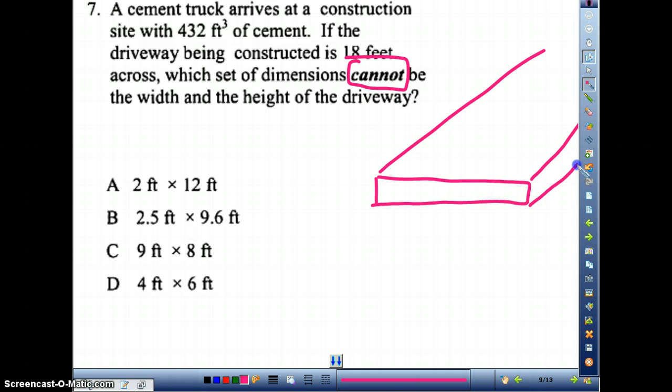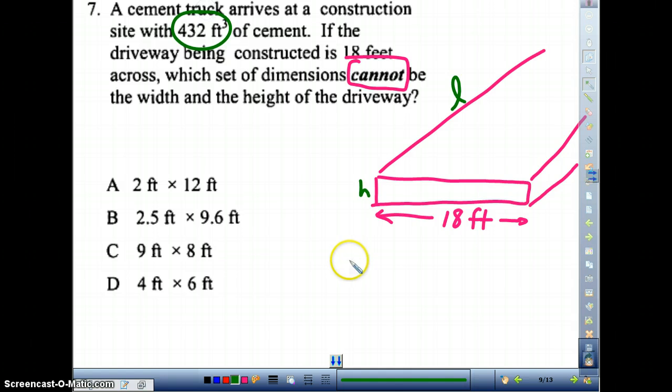And we know that the driveway is 18 feet across. Right here, from here to here is 18 feet across. They want to know, when you take 18 and multiply by the height and multiply by the length, which one of these sets of numbers is going to give you that for a volume?